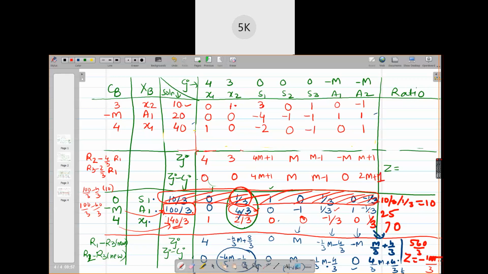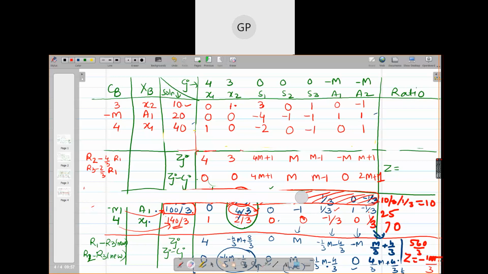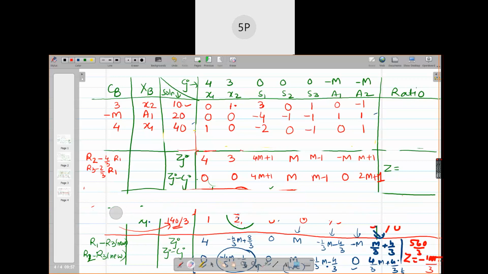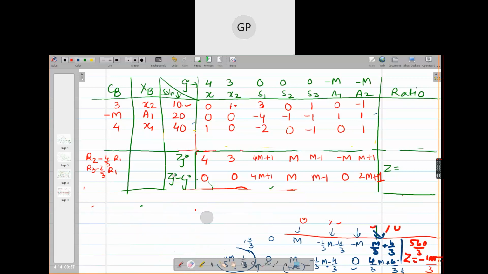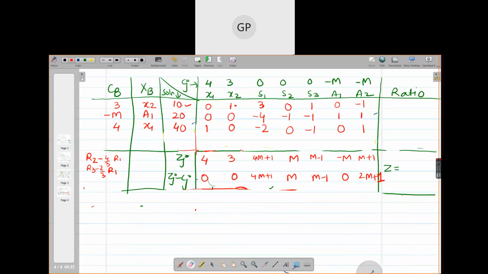Okay, so do you get any negative value here? No, all the values are positive. So what does it say? Simplex says that you stop pivotal operations.